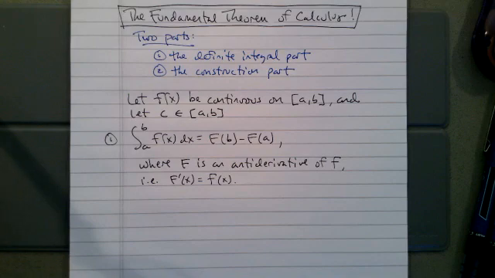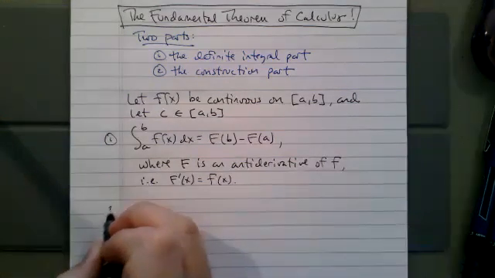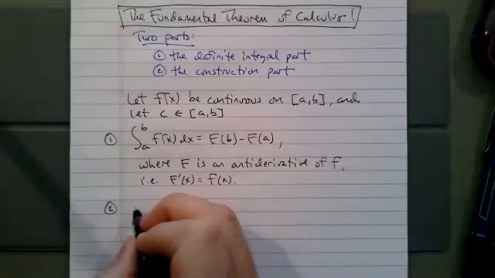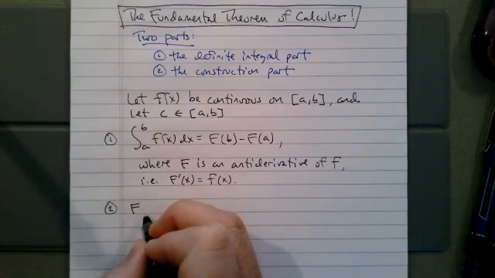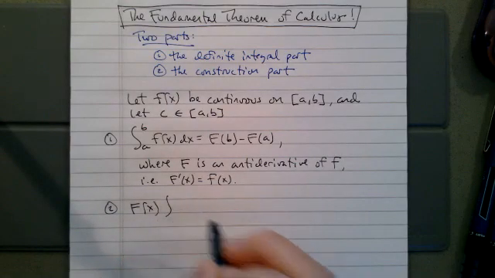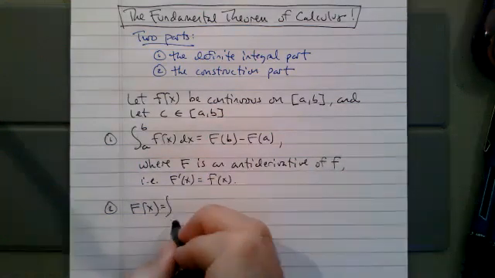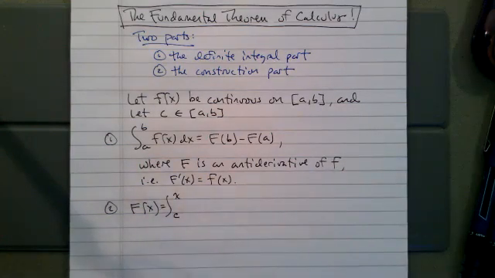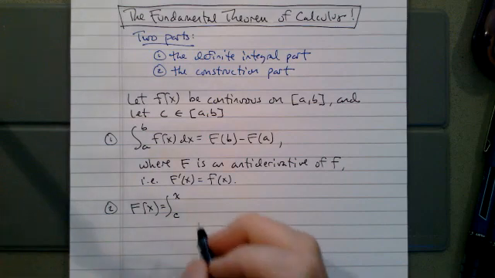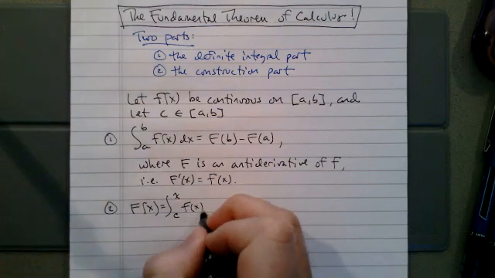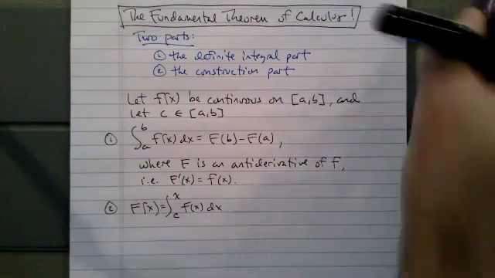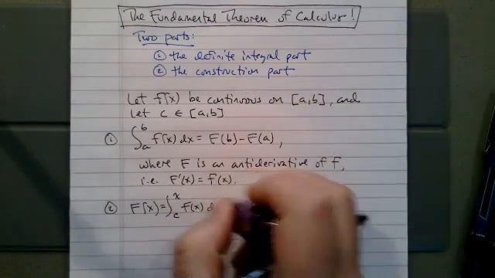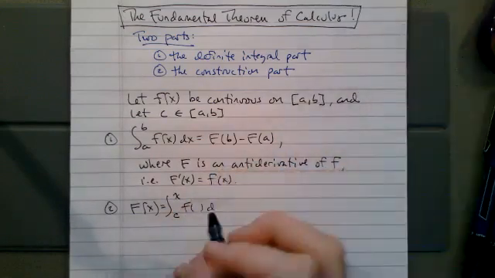The second part of the fundamental theorem of calculus says that if we define this function, from c, if we take the definite integral from c to x of our continuous function, little f, oops, I can't use x because I'm using x as an endpoint.